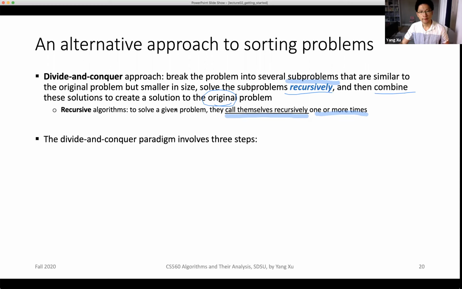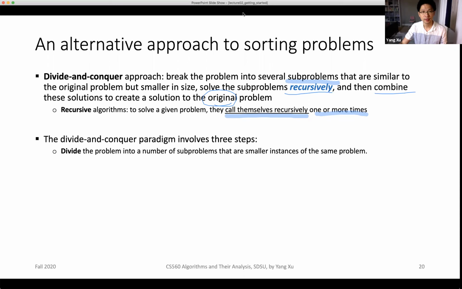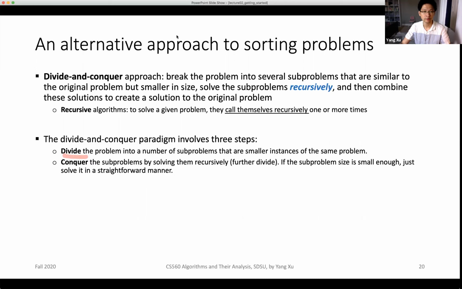So to summarize, the divide and conquer paradigm involves 3 steps. First is the divide step. Second, conquer. The conquer refers to the step in which the sub-problems are solved in a recursive style.